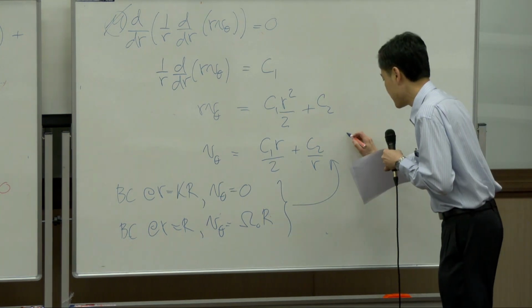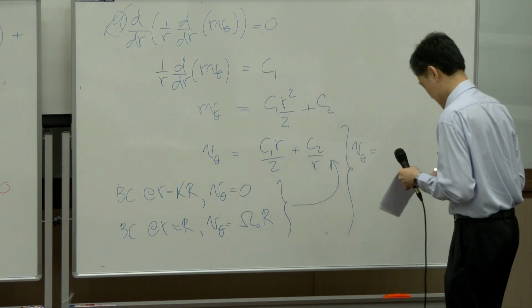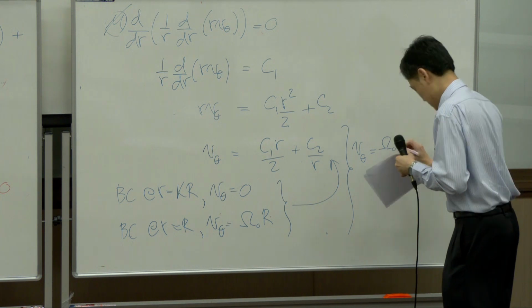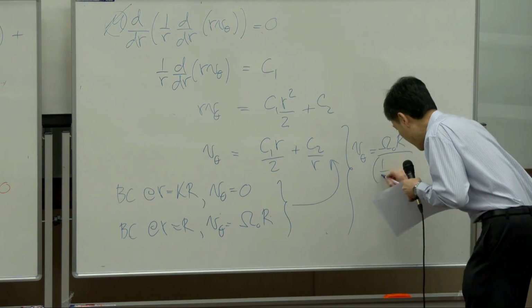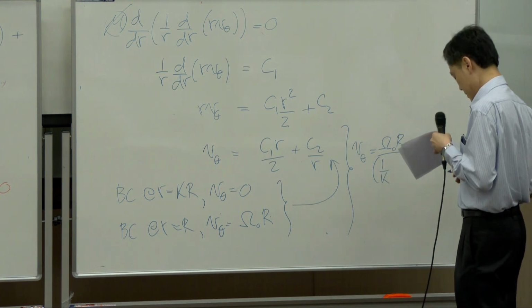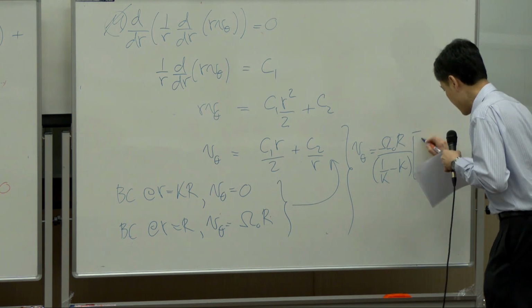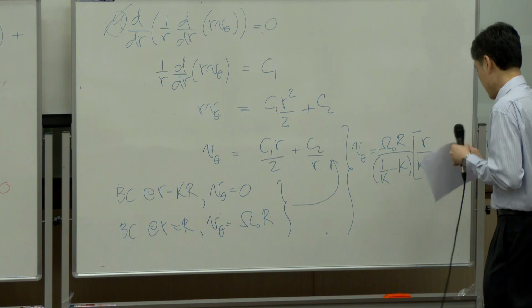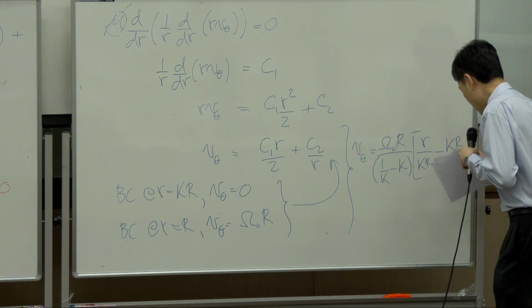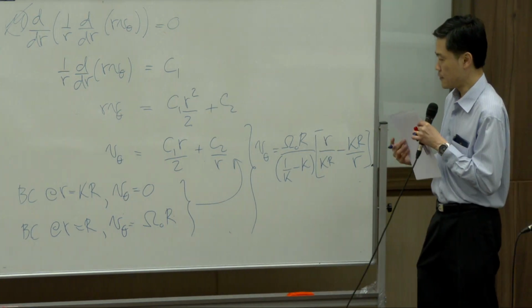At the end, you get v theta equal to omega R over 1 over k minus k, times r over kR minus kR over r. All right?